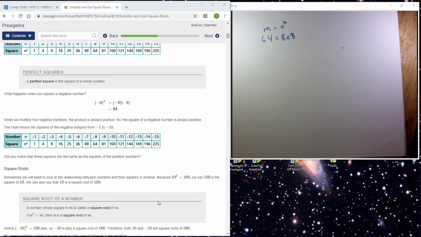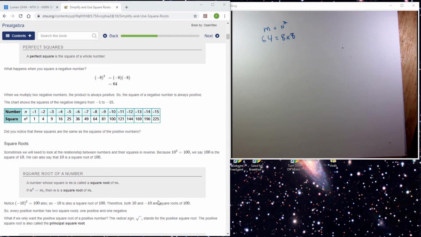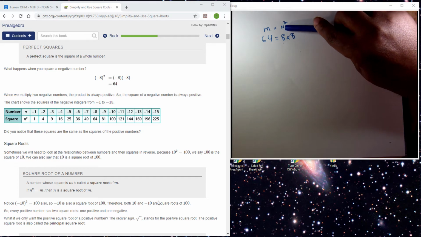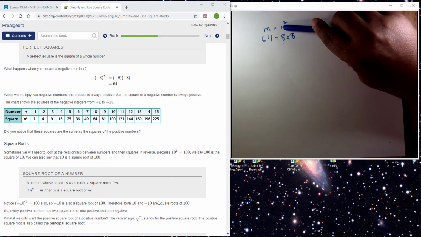Now square root goes the other way. A number whose square is m is called the square root of m. So in this case, n is the square root of m.